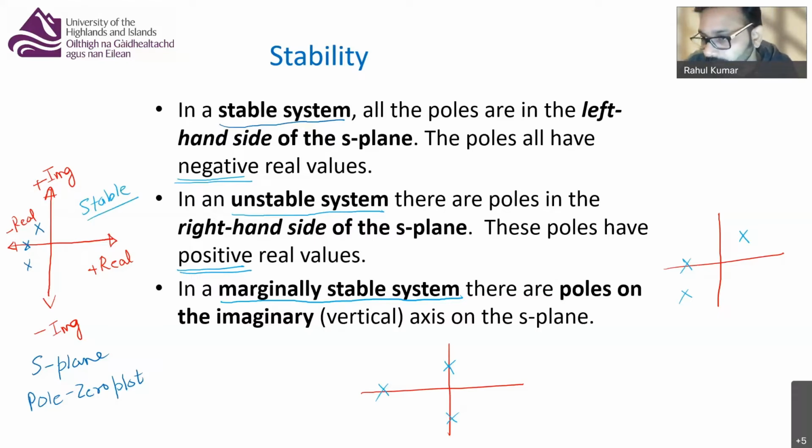If one or any of the poles move onto the right hand side, then my system becomes unstable.